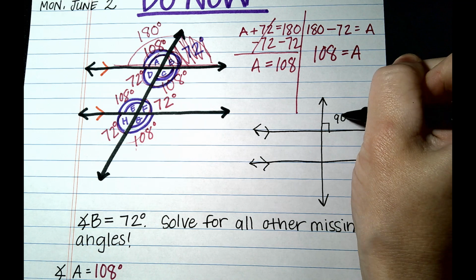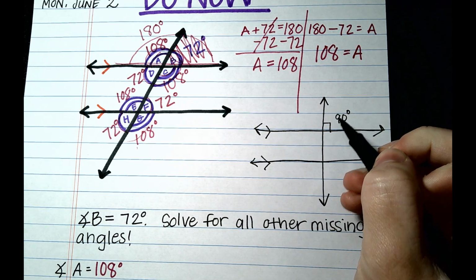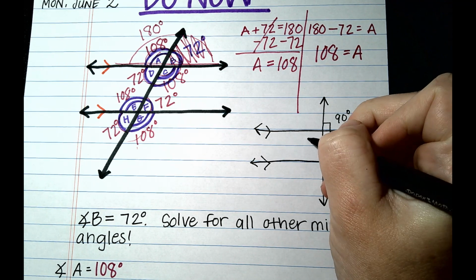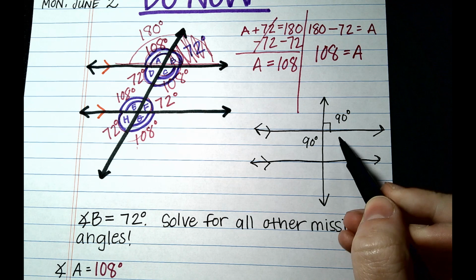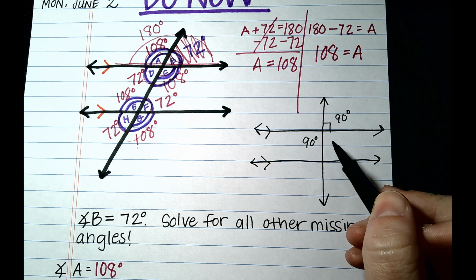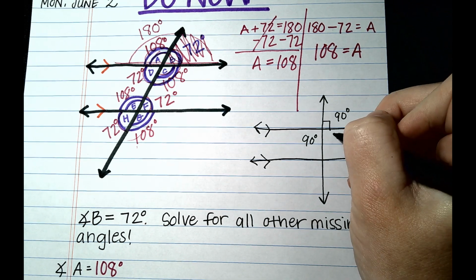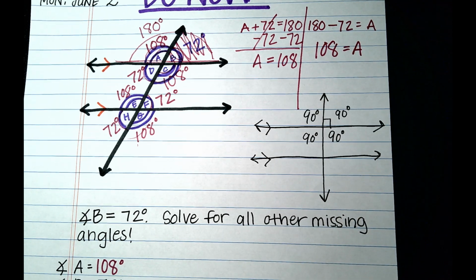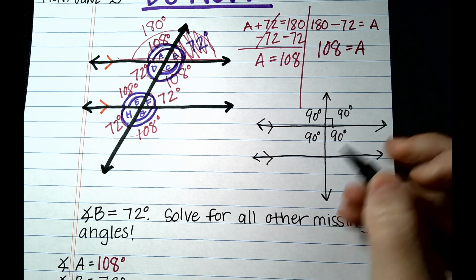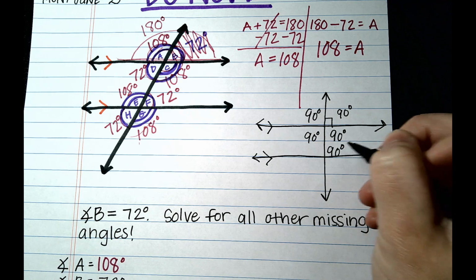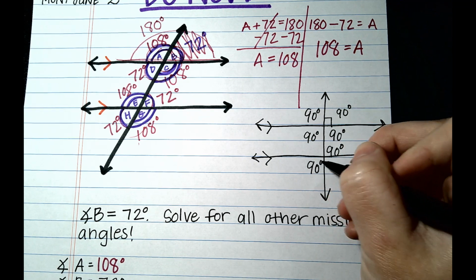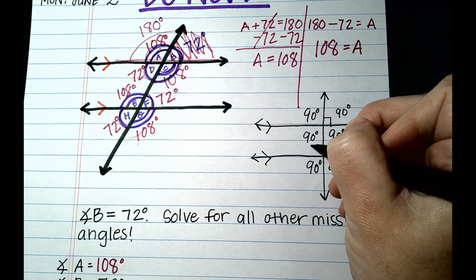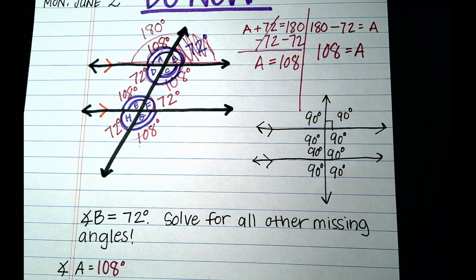I can look at this and say this is vertical, so it is 90 also. And 90 and 90 make 180, so that's also 90. And that's corresponding, so 90. Vertical, 90. You would fill it out, it's all the same. That makes sense? Okay.